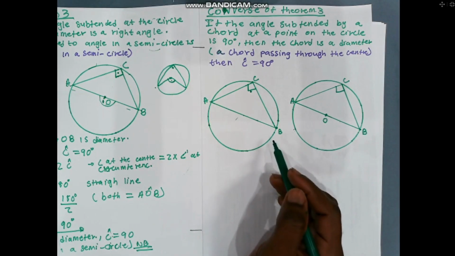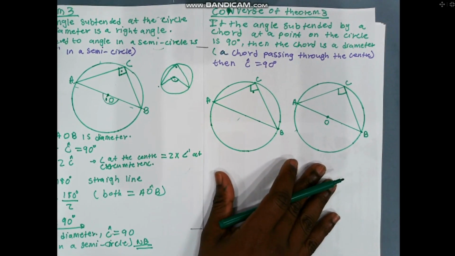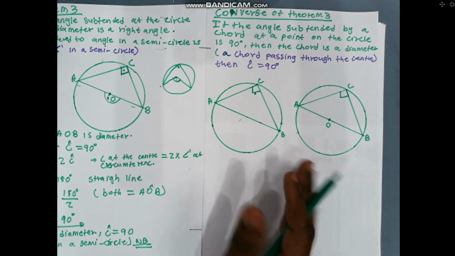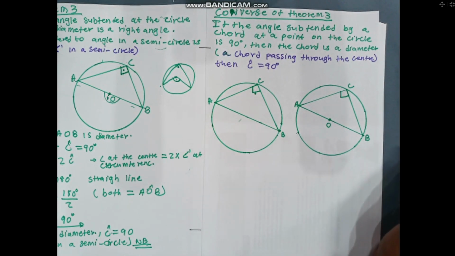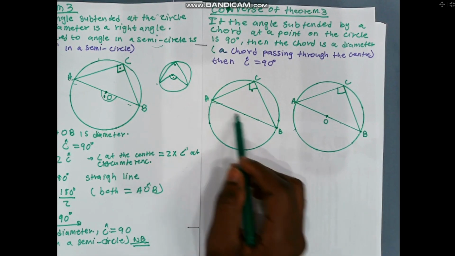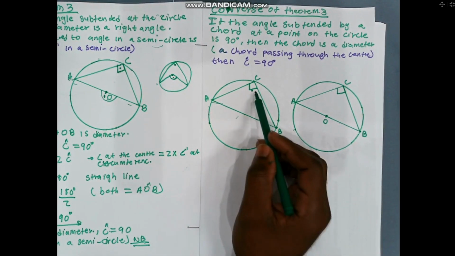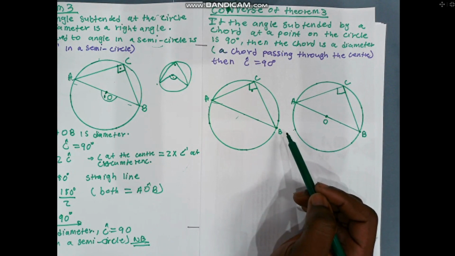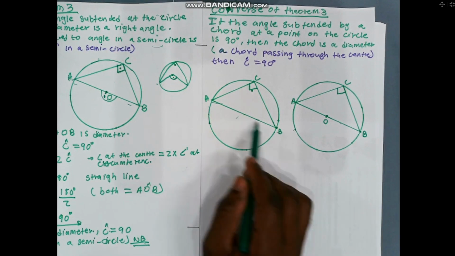Okay guys, just going to the converse theorem, just the opposite of theorem number 3. It says if an angle subtended by this chord, and then C is 90 degrees, then the chord is a diameter, which is this chord.